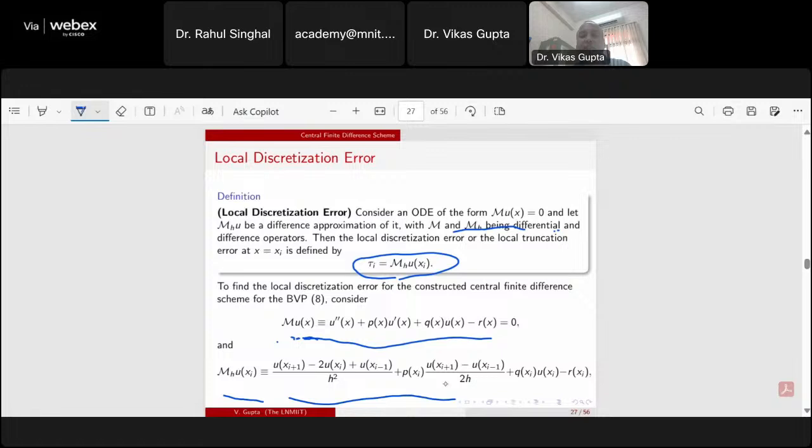The right hand side we have taken to the left hand side: u(xi plus 1) minus 2 u(xi) plus u(xi minus 1) upon h square, plus p(xi) times u(xi plus 1) minus u(xi minus 1) upon 2h, plus q(xi) u(xi) minus r(xi).